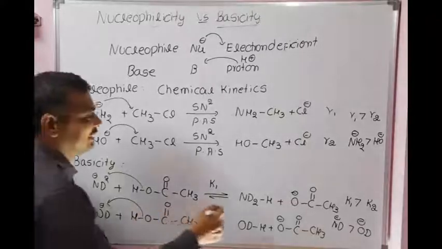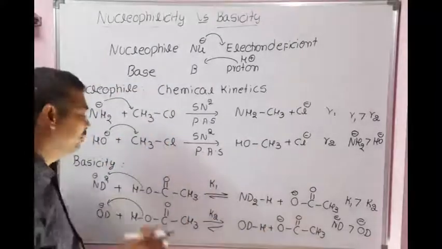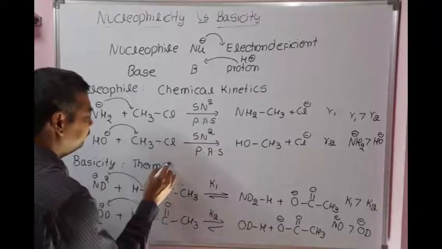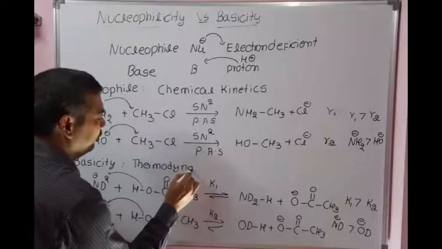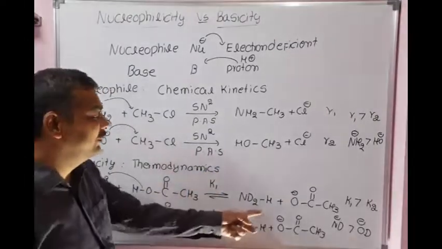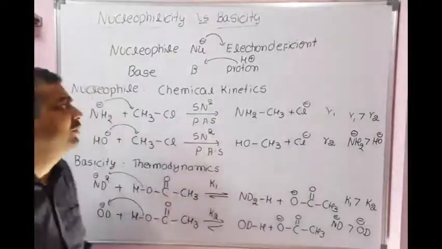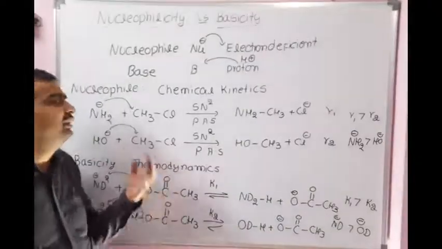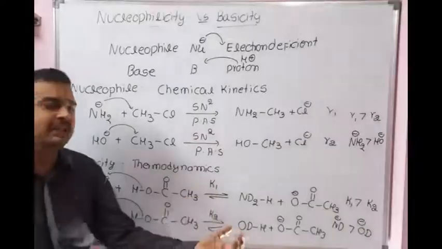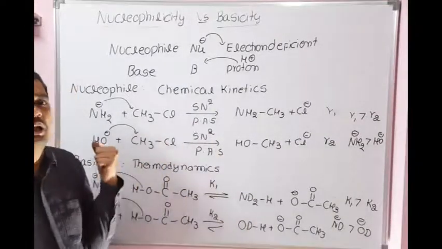So this depends on the equilibrium constant, and basicity is a thermodynamic term. It depends on the equilibrium constant and the stability of the bond between hydrogen and the basic atom. Now see the conclusion. A nucleophile will attack an electron deficient atom, whereas a base abstracts a proton from another molecule.